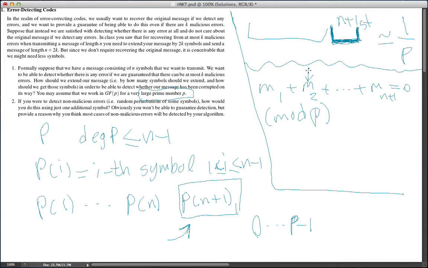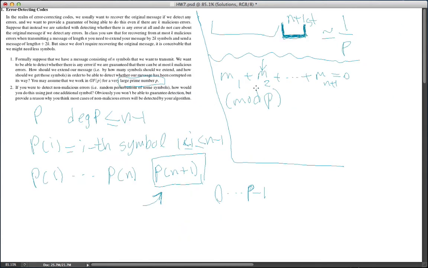So if m2 was the only symbol that was going to change, then our whole sum would change by exactly the amount that m2 changed, which is going to be some random number between 0 and p minus 1. And so our sum is going to only be equal to 0 with probability 1 over p, which is pretty low.